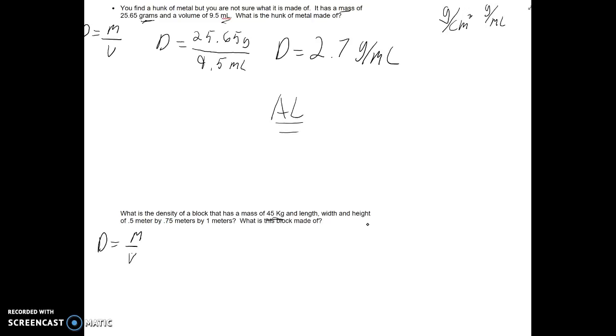So first thing I'm going to do is convert my 45 kilograms into grams. And for that, I'm going to use dimensional analysis. So I have 45 kilograms. I want to get to grams.